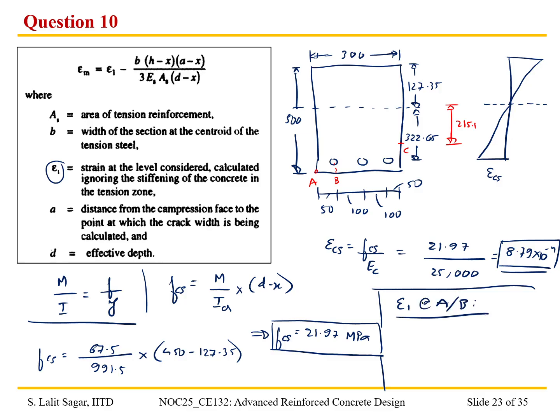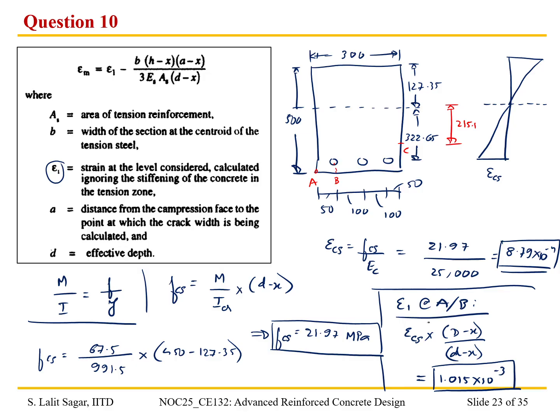That is given by epsilon CS into capital D minus X divided by small d minus X. Okay, so that gives me a value of how much? 1.015 into 10 to the power minus 3. That is the value of epsilon 1. Okay, so moving on, we need to find out the value of epsilon m at A or B.